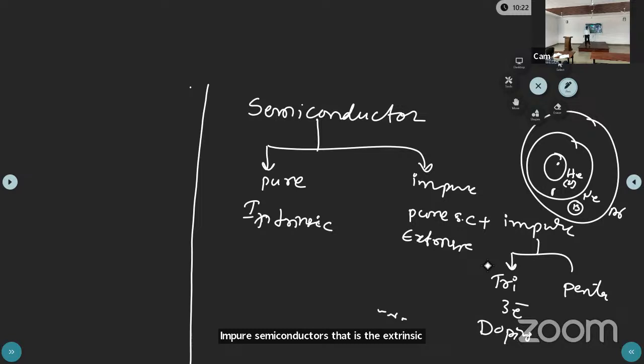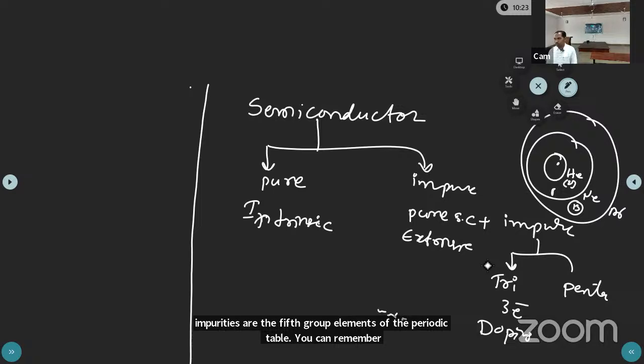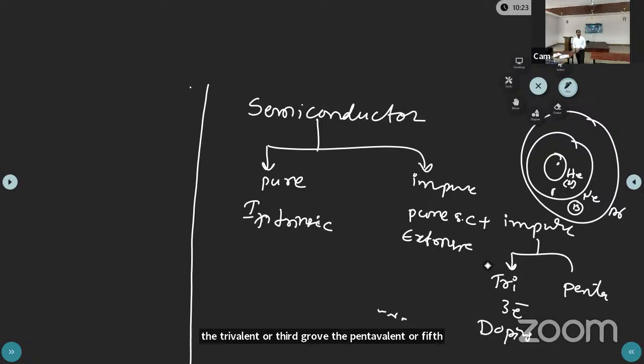Extrinsic semiconductors are the combination of pure semiconductors and impurities, trivalent impurities and pentavalent impurities. Trivalent impurities are third group elements of the periodic table, and pentavalent impurities are fifth group elements. Trivalent have 3 valence electrons and pentavalent have 5.